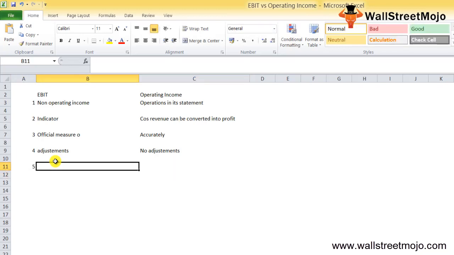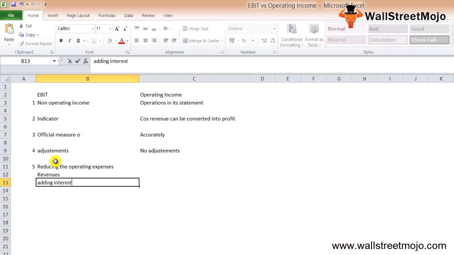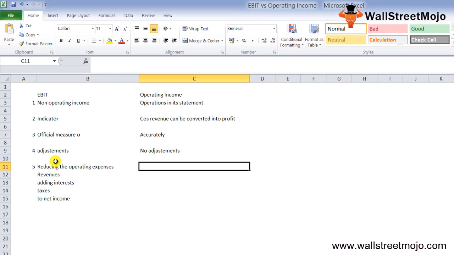Fifth, EBIT can be measured by reducing the operating expenses from the revenues, or by adding interest and taxes to the net income. On the other hand, operating income is calculated by subtracting overall expenses from the gross income.